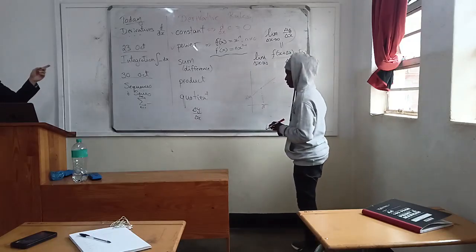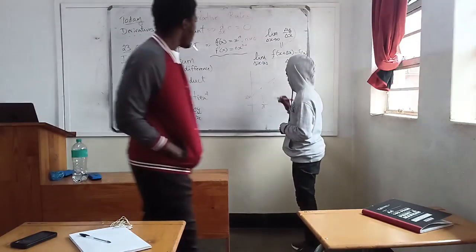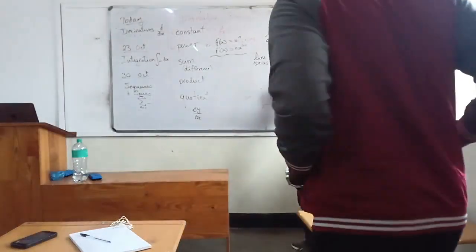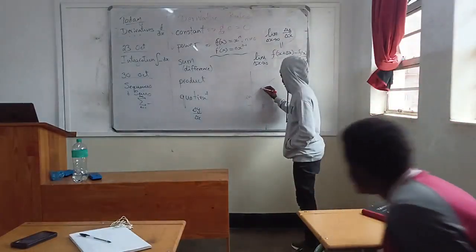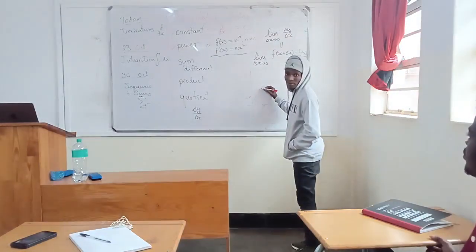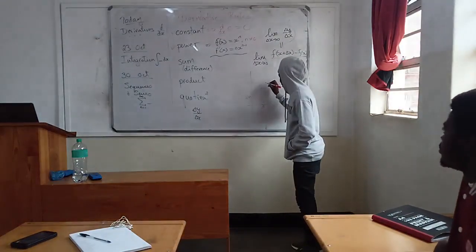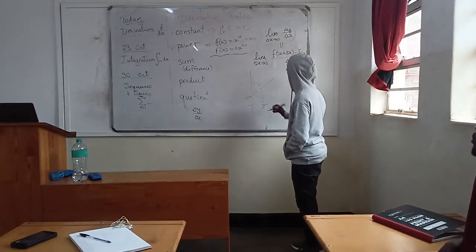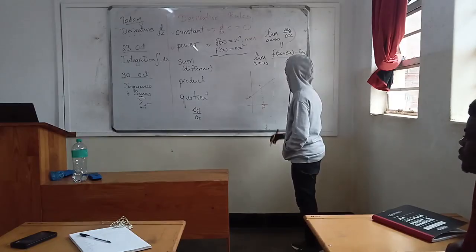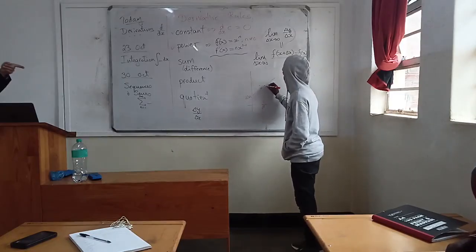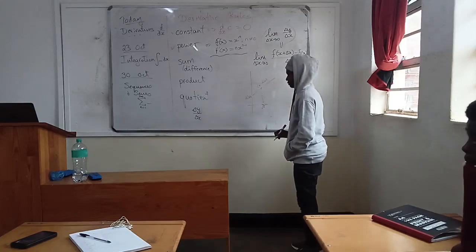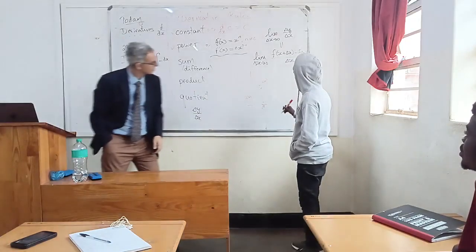We choose, at some point, a value x. So what is the x value of that point? You write bracket x, comma, f of x.